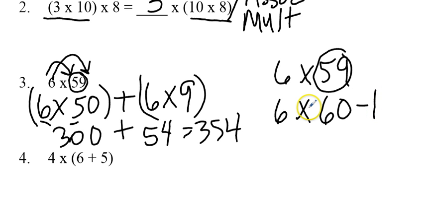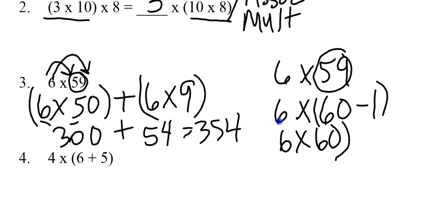Now I'm going to group these two together, and that way I can easily see how to now distribute the 6. So the 6 times 60, the 6 gets distributed to the 60 as well as the 1. But when I distribute it to the 1, I'm going to remember to keep my subtraction sign.